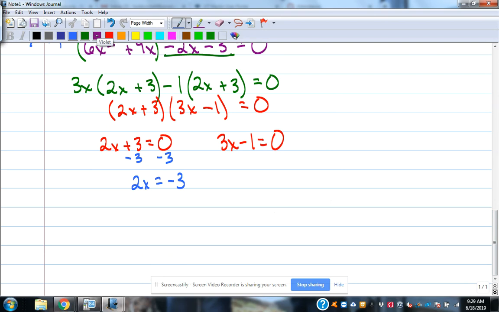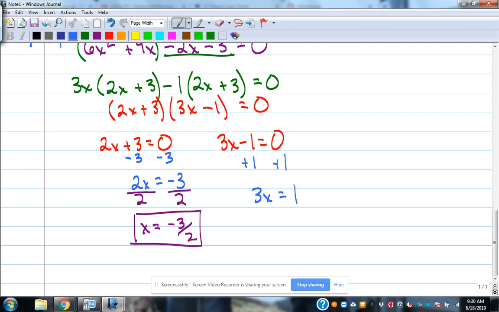One more step is to divide by 2. And we're going to leave it as a fraction, negative 3 over 2. Do the other one. We need to add 1 first. Divide by 3. We get another fraction, 1/3.